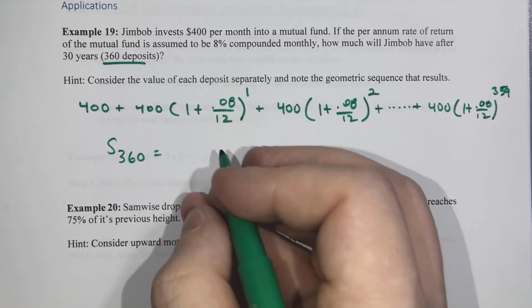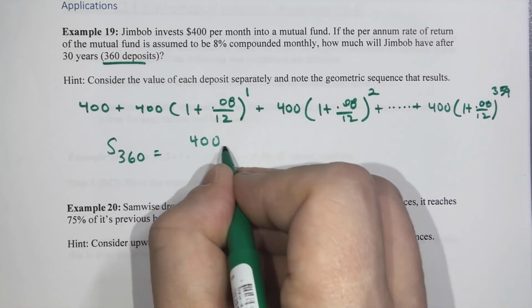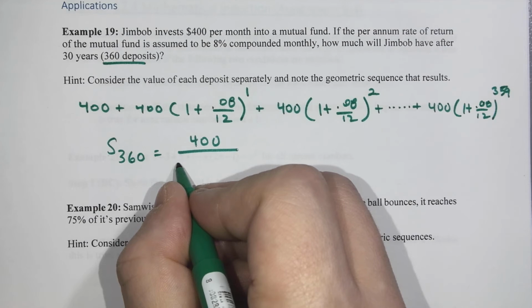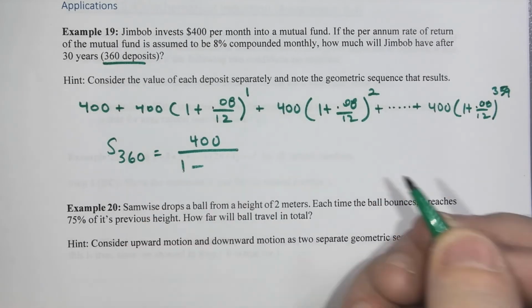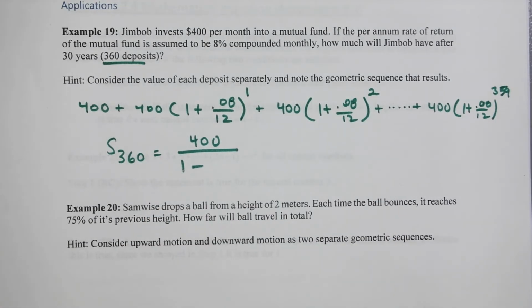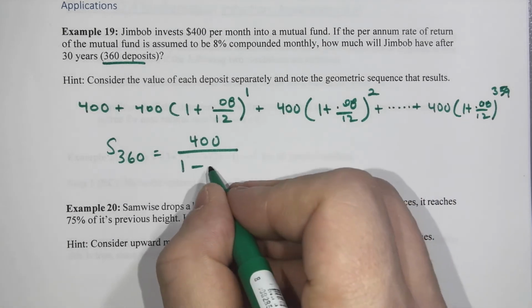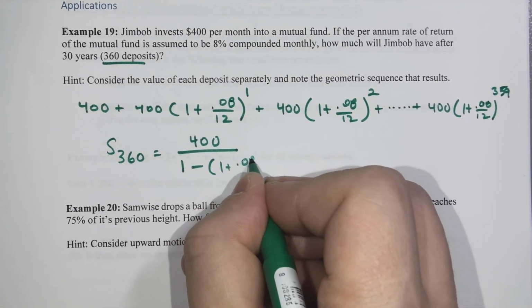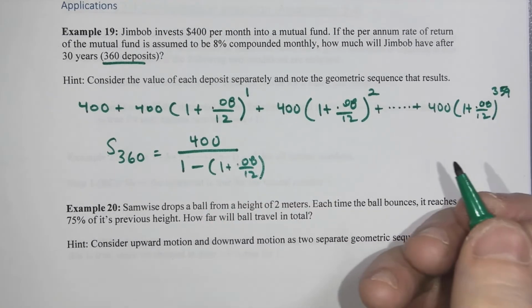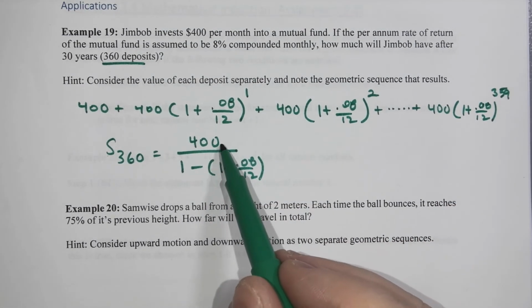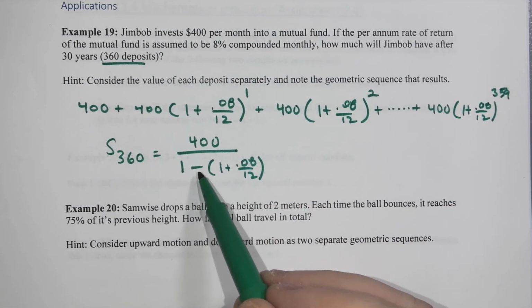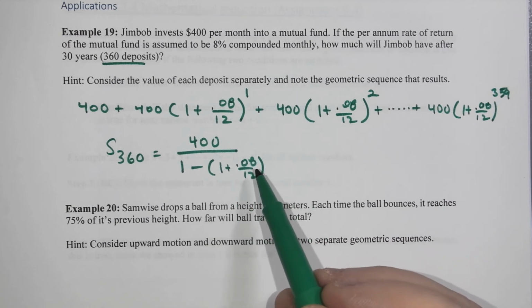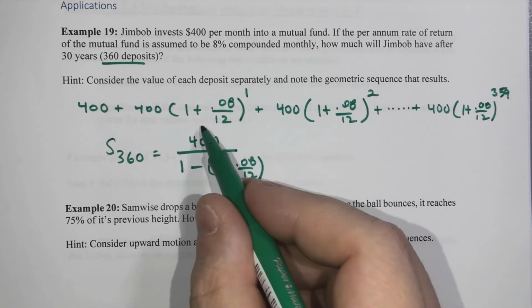That would be first term 400 over 1 minus the common ratio. And the common ratio that we're multiplying by each time is 1 plus 0.08 over 12. Right? That's a sub 1 over 1 minus the common ratio. And this is, oh, whoops!